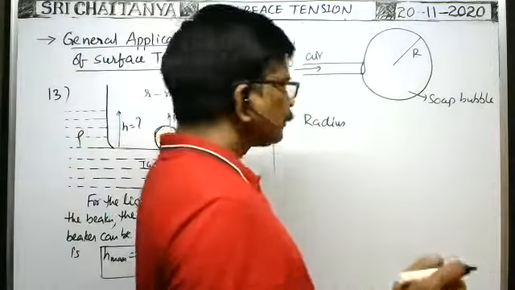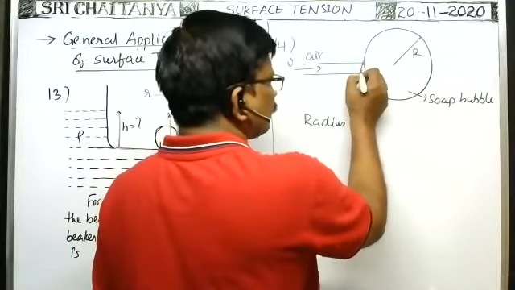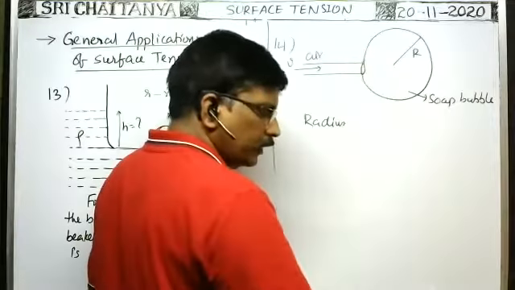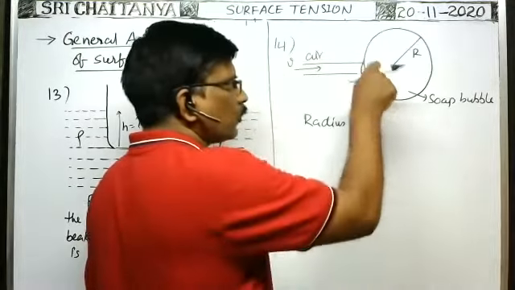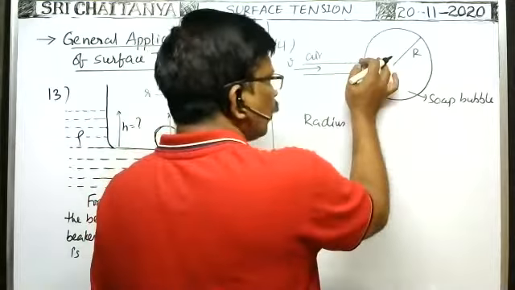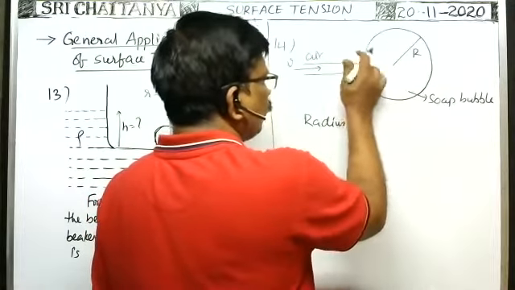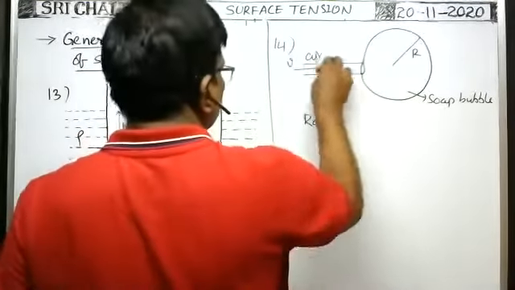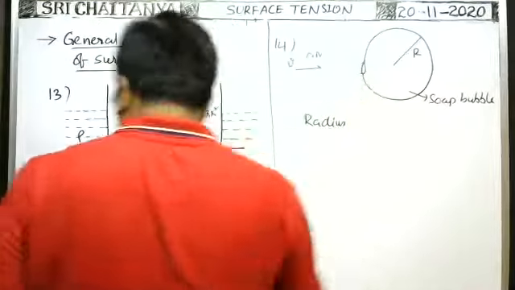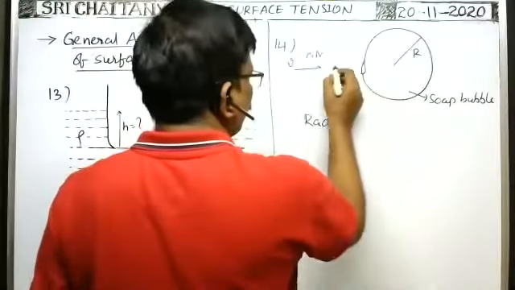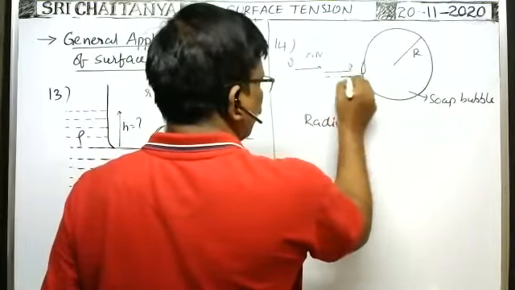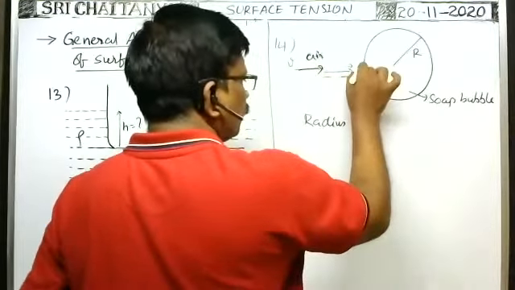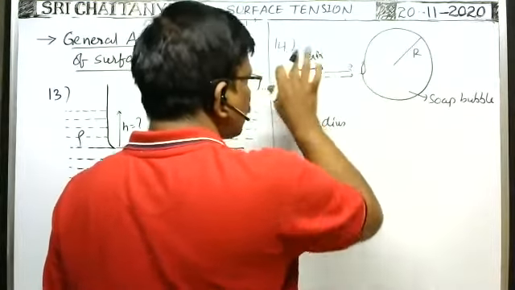Okay, here suppose this is the ring, having a certain radius. This ring is submerged in the liquid soap solution and removed out. Then a soap film is formed in the circular ring. Now the air is blown into the ring. It is not the pipe, you take a ring. Air is blown into the ring with the soap film with a velocity v.